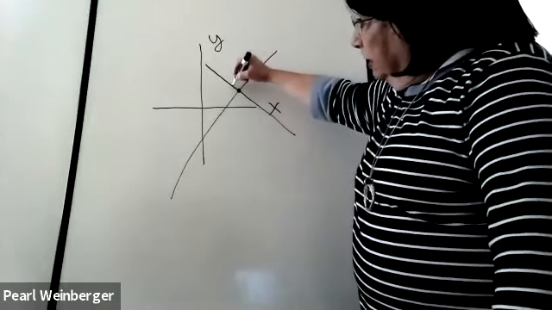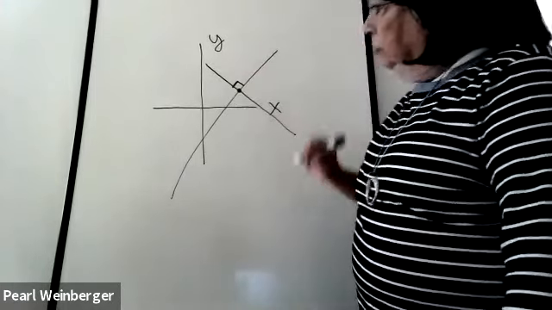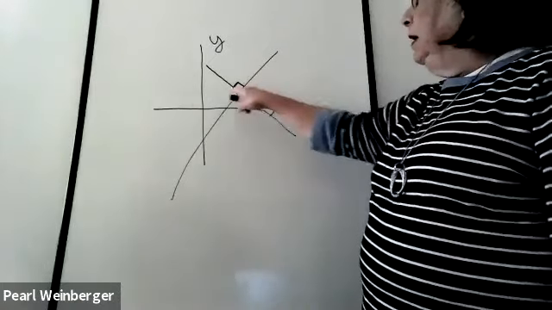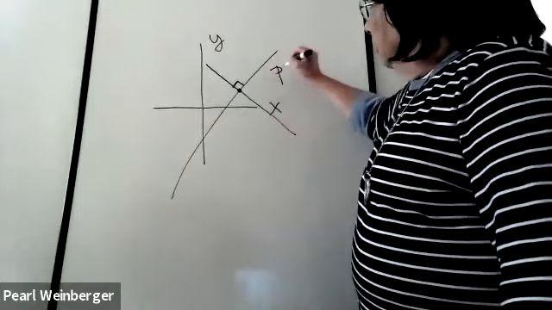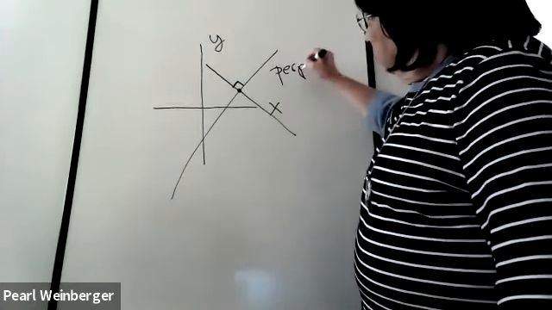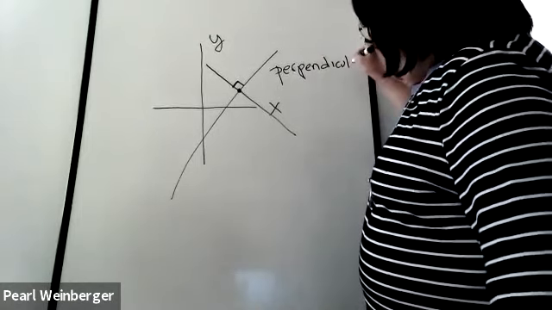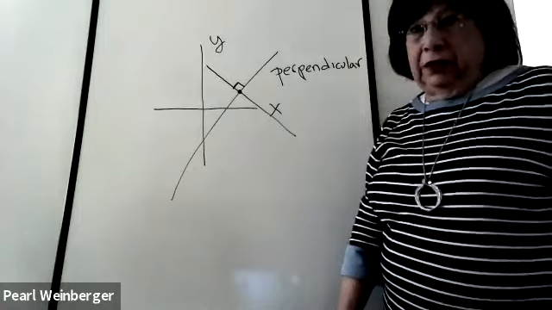The angle that they're meeting at is what we call a right angle or 90-degree angle. You're getting these square corners where they meet. These types of lines are called perpendicular lines. Two lines that meet at a right angle are perpendicular.